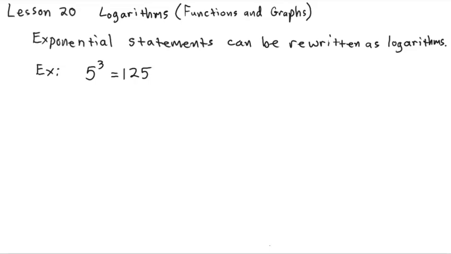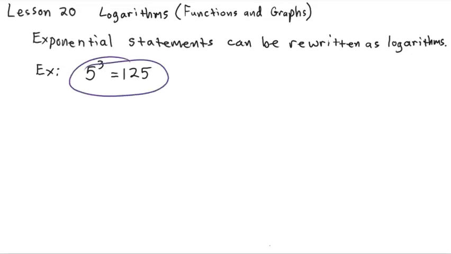Logarithms are basically exponential statements. We know this is an exponential statement. You've seen this already. We know that 5 to the third power is equal to 125 because 5 to the third power is 5 times 5 times 5. Well, exponential statements can actually be rewritten as logarithms.